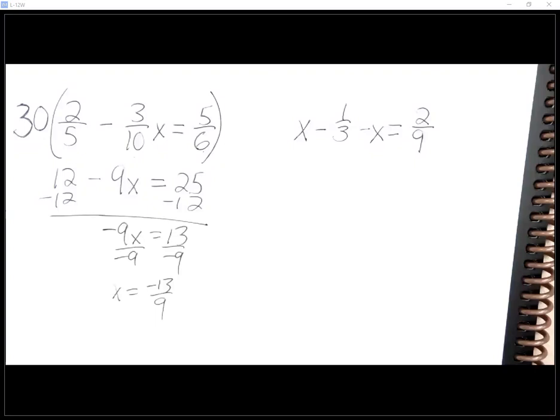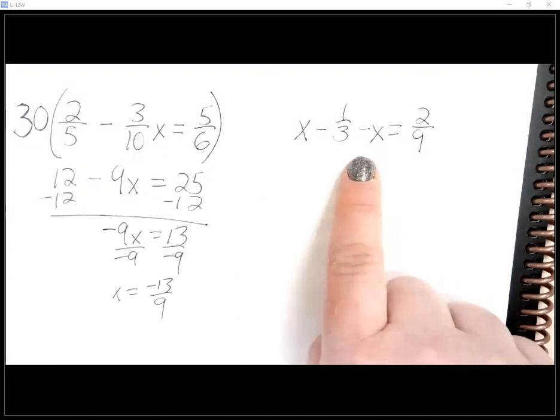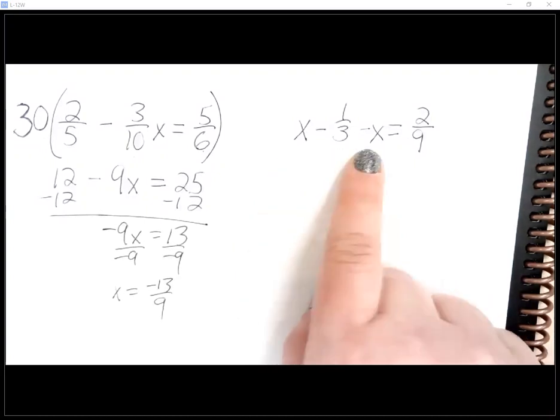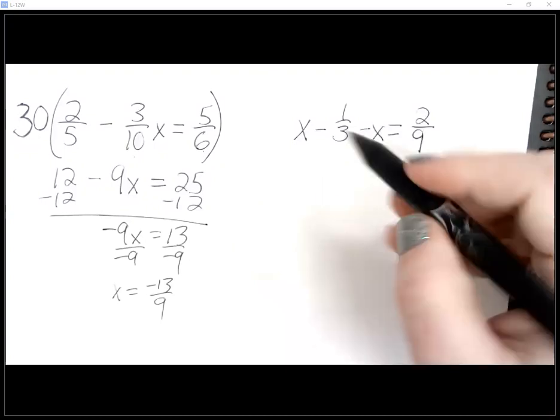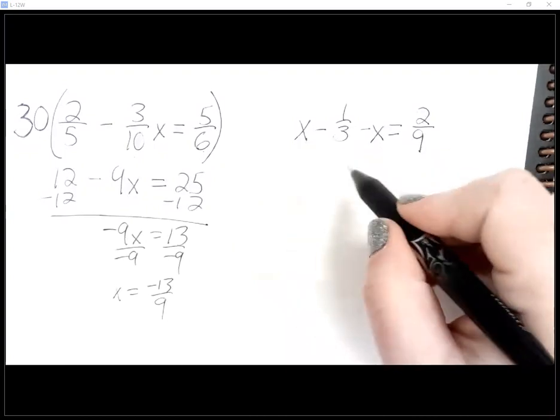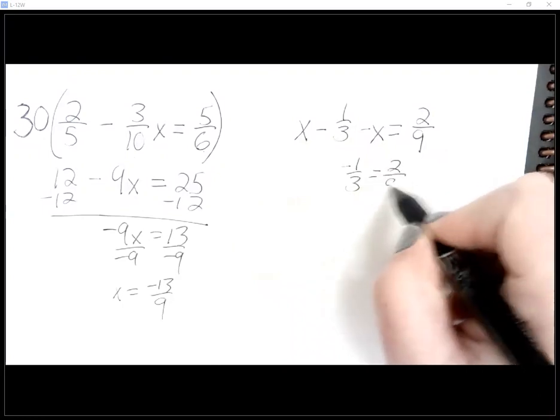Just before you get into clearing the fraction business, if you look, I do have some like terms here, right? Isn't x minus x, it just goes away, doesn't it? So if I cancel out those x's, that just leaves me with a negative 1/3 equals 2/9. Is that true? No, it's not.